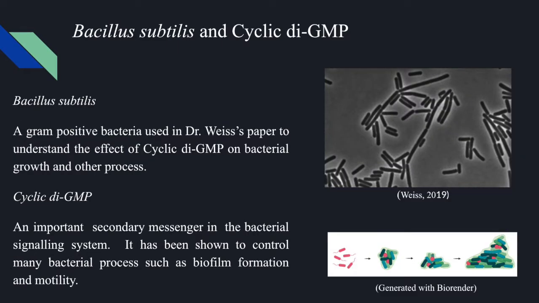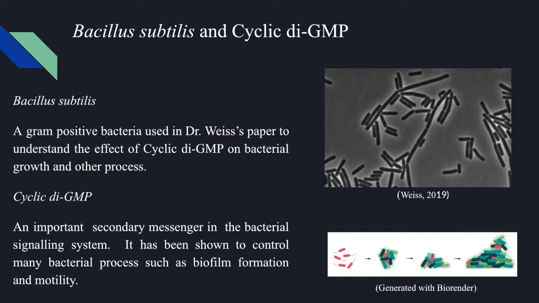Two very important terms to know in our research are Bacillus subtilis and cyclic diGMP. Bacillus subtilis is a gram-positive bacteria used in Dr. Rice's paper to understand the effect of cyclic diGMP on bacterial growth and other processes. Dr. Rice chose Bacillus subtilis because there was a lack of research done to understand the effect of cyclic diGMP in gram-positive bacteria.